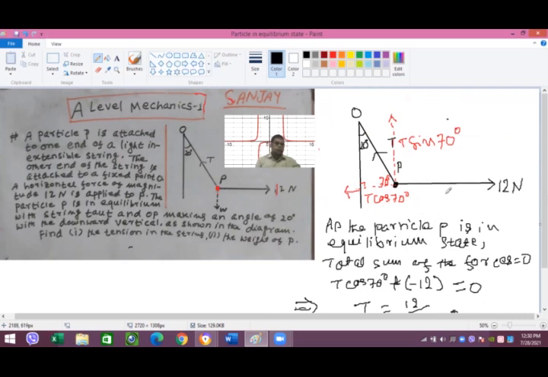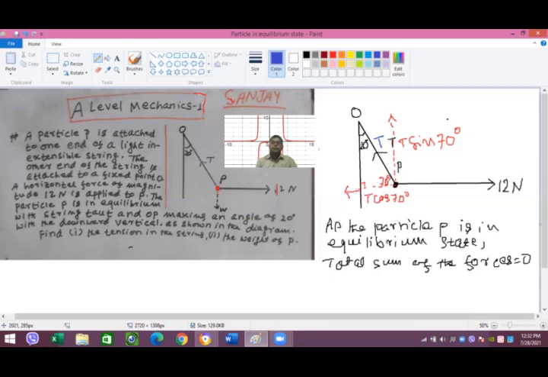So in order to do so, you can see, in another way, this is force T, which is tension in the string. And what if you consider the horizontal component for T along this line?